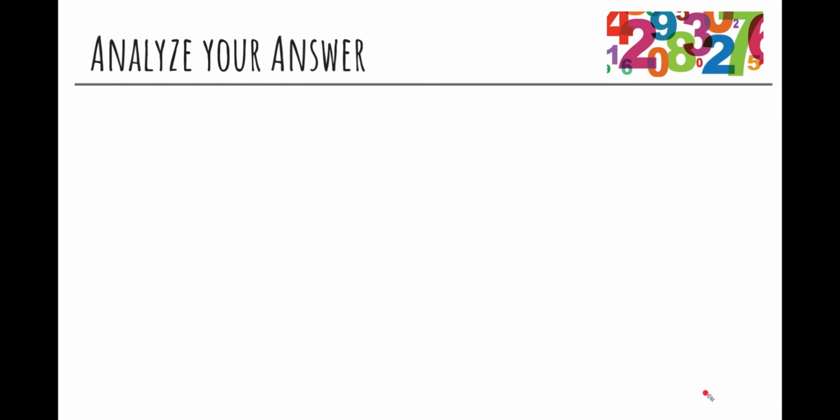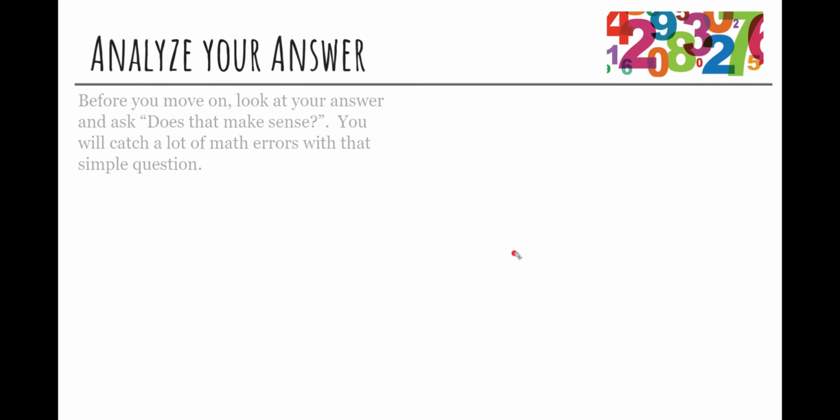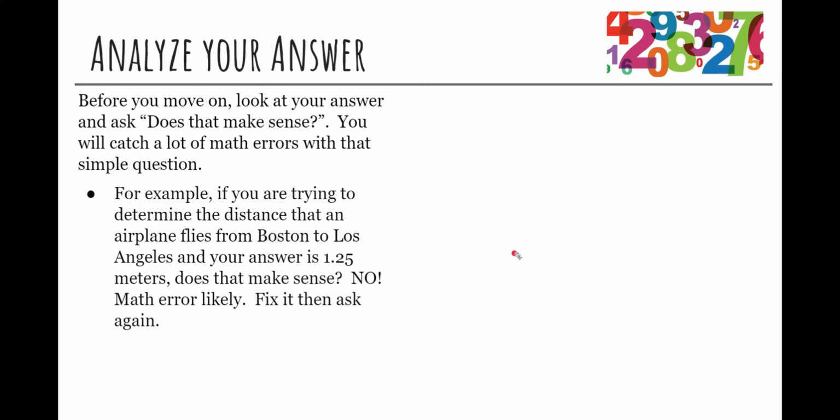The last and one of the most important steps in problem solving is to analyze your answer. Before you move on to the next problem, make sure you look at your answer and ask yourself, does that make sense? You will catch a lot of math errors with just that simple check. So, for example, if you're trying to determine the distance that an airplane flies from Boston to Los Angeles, you do all your work and your calculation tells you it's 1.25 meters, you should ask yourself, does that make sense?